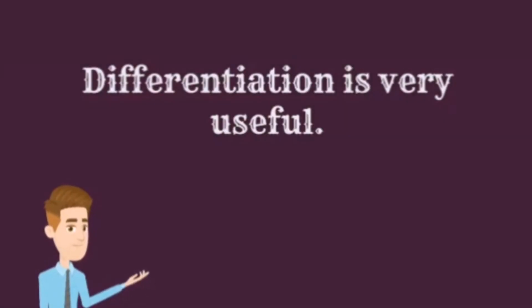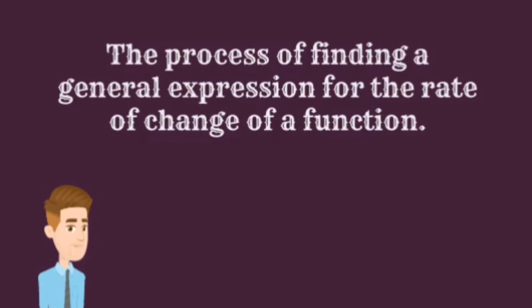As the conclusion, we can see that differentiation is useful in every way. Throughout the video, it shows that differentiation can help to save people's lives. As we know, differentiation is the process of finding a general expression for the rate of change of a function.